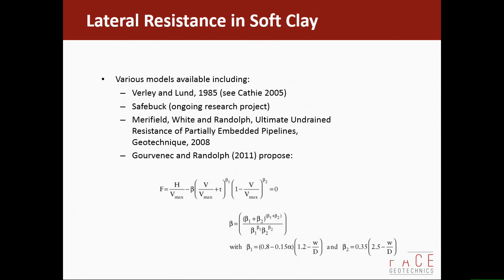Because if you think about it, the V max might be when it's been laid, where it's quite heavy. If you've hydro-tested the line, which is normal, it'll be heavier then. If it's a gas line, it'll be lighter when it's in service. Or it might be a multi-phase line which has slugs of oil and then slugs of gas, so it varies.